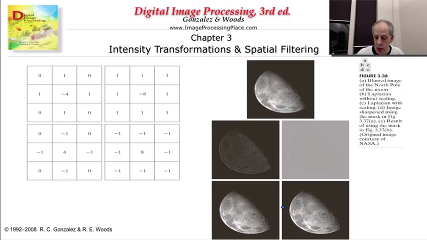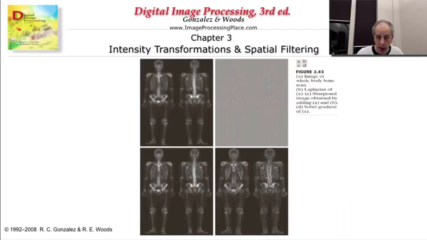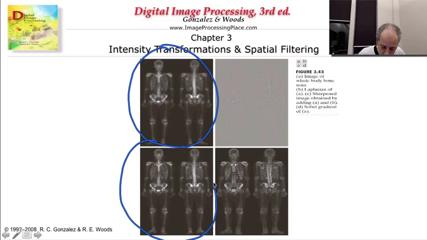Many of these combinations can be done. And here we see another example for a different image. Again, an image that looks a bit blurry. We see once again its Laplacian. It might be hard to notice. All we have done from here to here is once again to take second derivatives and then add them. And look how much sharper this image is than this one.